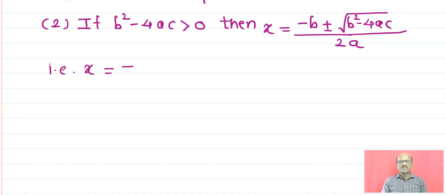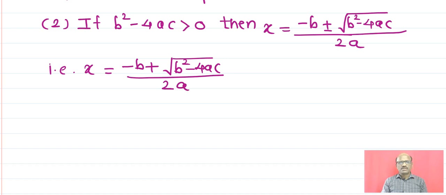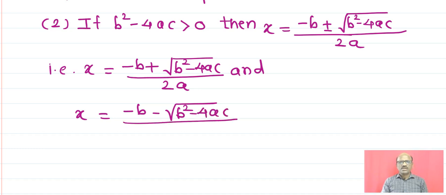That is x is equals to minus b plus root of b square minus 4ac, एकदा आपण प्लस घेणार आणि एकदा मायनस घेणार upon 2a, and x is equals to minus b minus root of b square minus 4ac upon 2a. हे त्याचे रूट्स असतील.